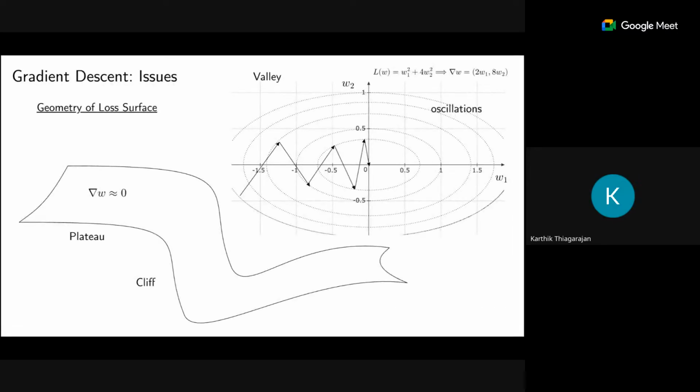Okay, so the one other problem you have to notice is that the learning rates are not adaptive, meaning they don't adapt to the direction in the weight space, right? So what do I mean by that? If you look at this, you know that the gradient in the vertical direction is quite large, okay? So the gradient is itself doing the job of moving it closer to the minimum.